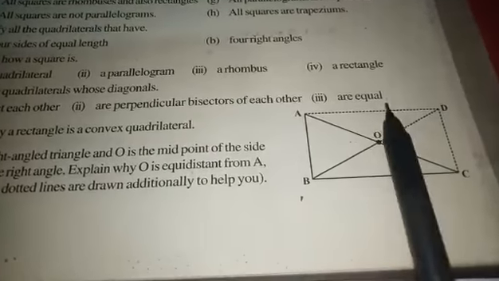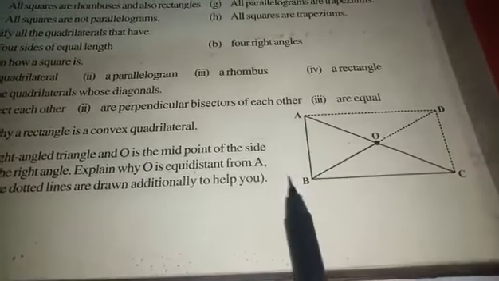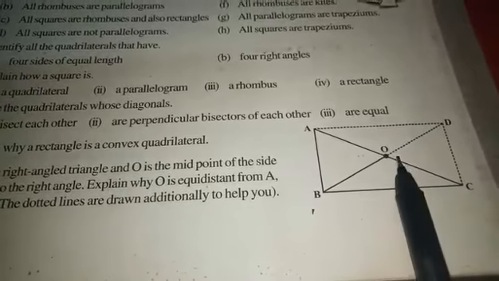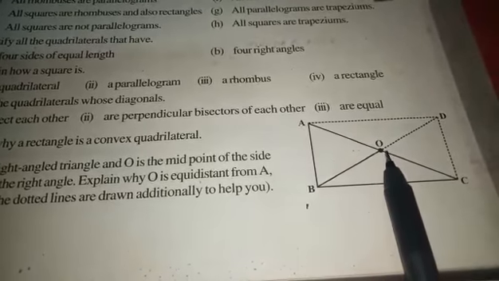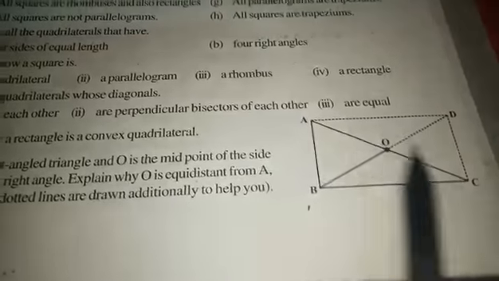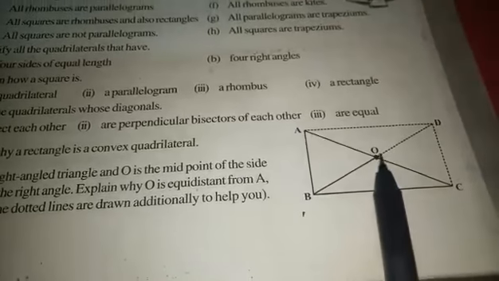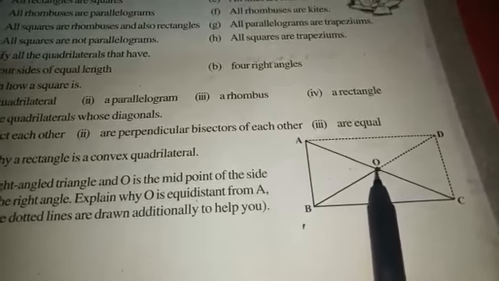You can see this figure. ABC is a right angle triangle and O is the midpoint of AC.